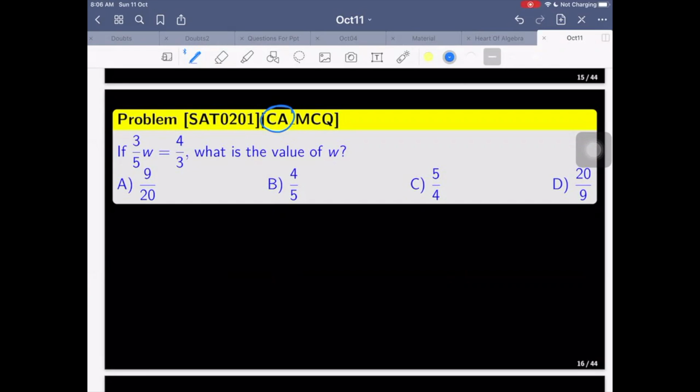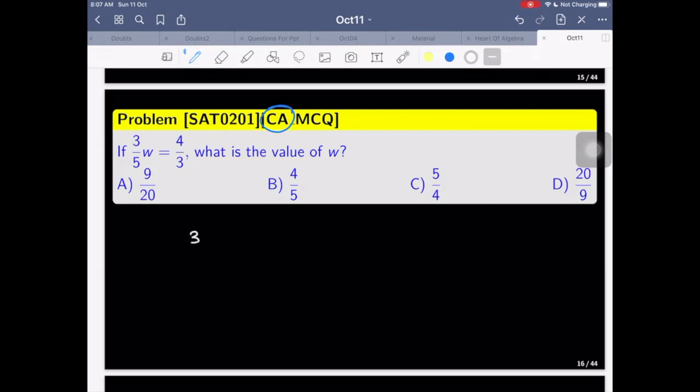I don't think you need to pick up a calculator to do this question. Yeah.